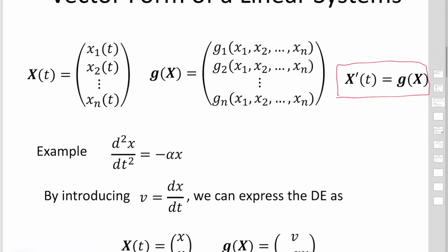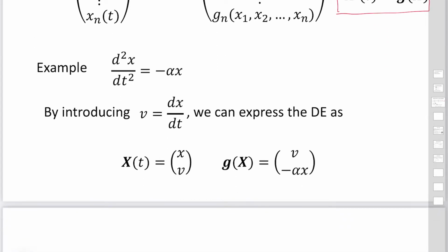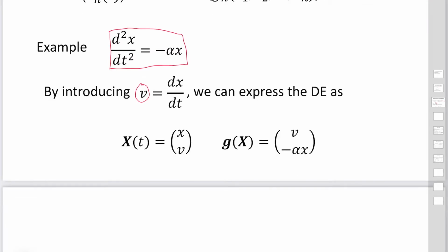I'd like to show you an example. In this case, we consider a second order differential equation. Second derivative of x with respect to t equals minus alpha x. Then we'd like to transform this equation into first order differential equations. So we introduce a new dependent variable v. This v is expressed as the derivative of x with respect to t.